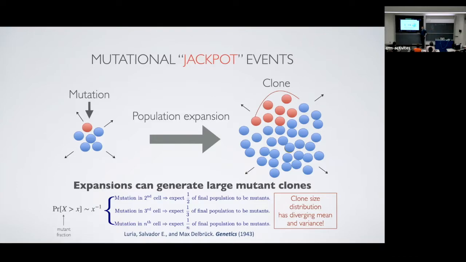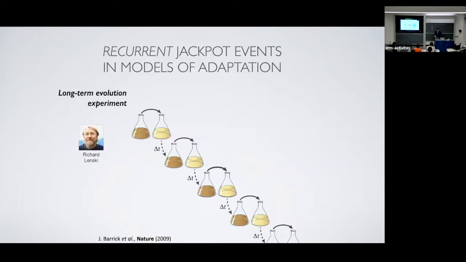Sampling from this broad offspring distribution actually occurs repeatedly if we think about traveling wave models. That's the next step that I want to discuss. An experimental example you might have in mind is the long-term evolution experiment done by Richard Lenski, who for over 30 years propagated E. coli in flasks, every day.